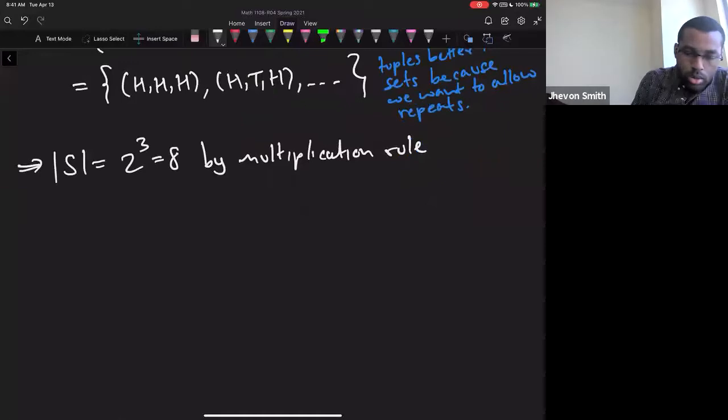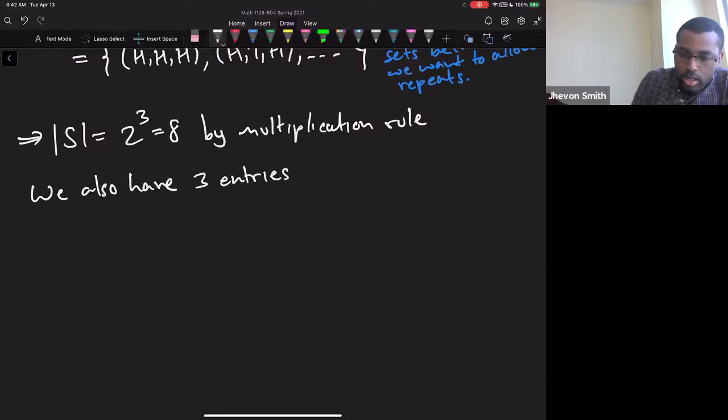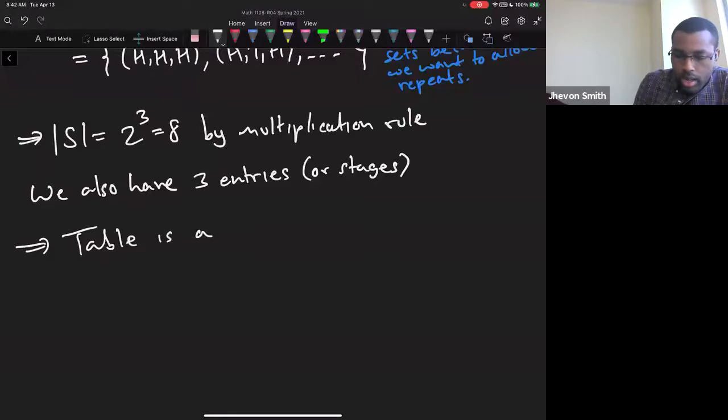We also know that there are 3 entries or stages. So what I'm doing is I'm telling you where the table is coming from based on some theory that I gave you before. So this means our table is an 8 by 3 table.